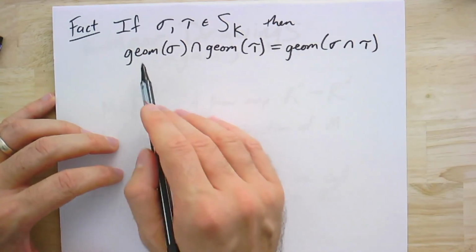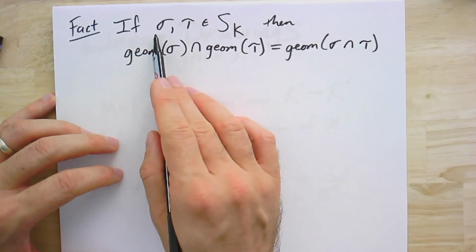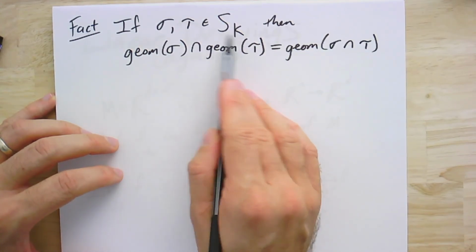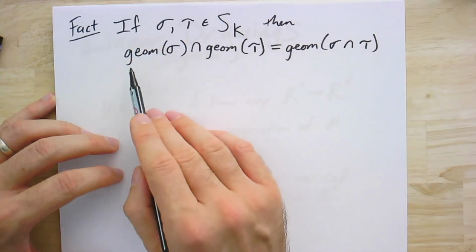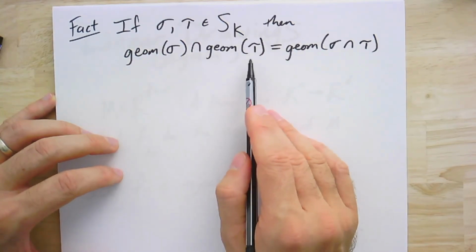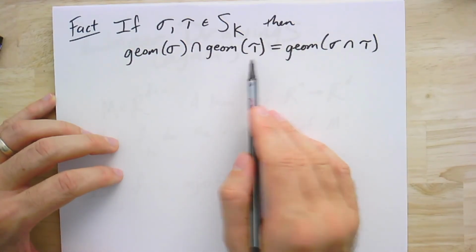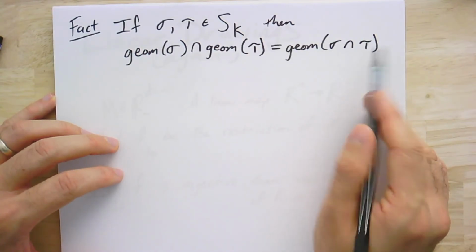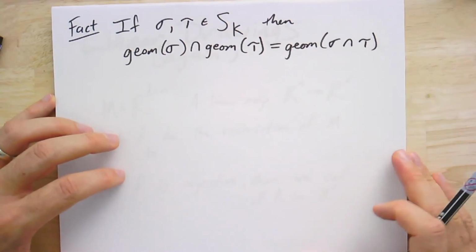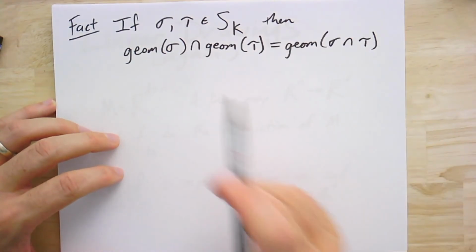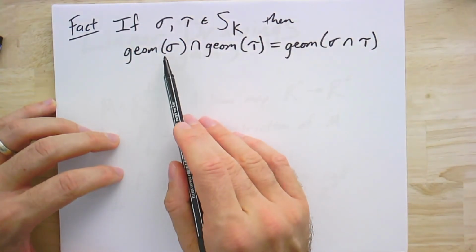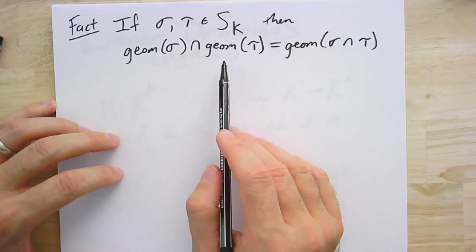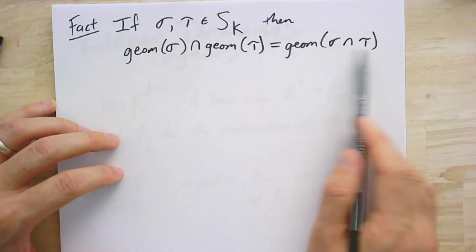So here's how it works. It's saying that if I take two simplices, sigma and tau, in a simplicial complex K, so they're both simplices in K, then the intersection of their geometric realization is equal to the geometric realization of their intersection. Another way to say this is that if I take the two simplices and embed them, their intersection is a subsimplex of both of them.